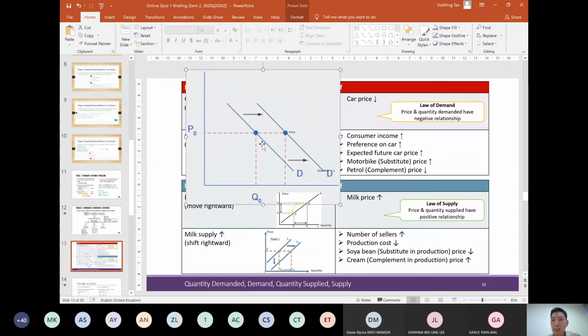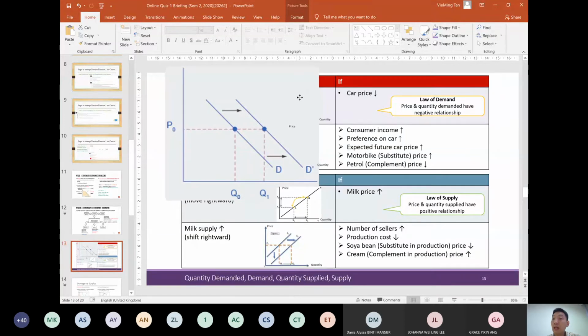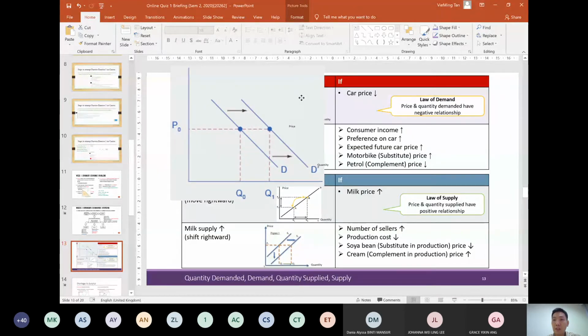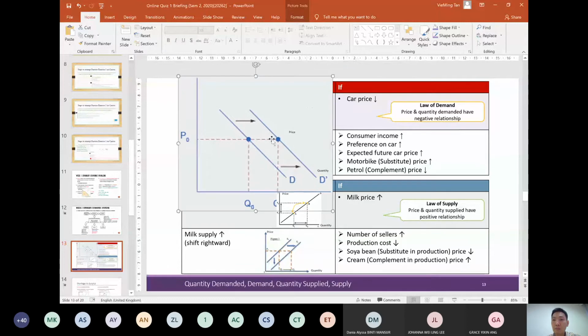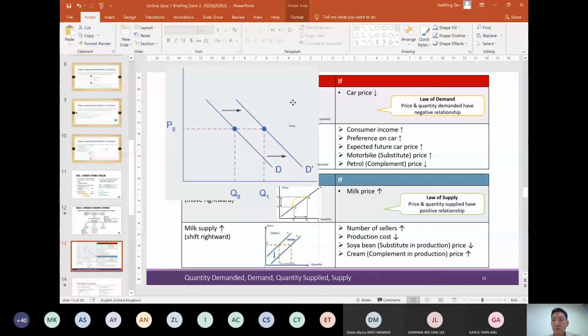We call this a change in demand, or change in car demand in this case. So what are the factors that may shift the demand curve to the right so that it will increase the demand for cars?